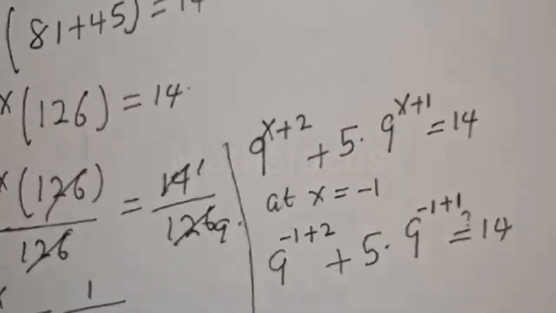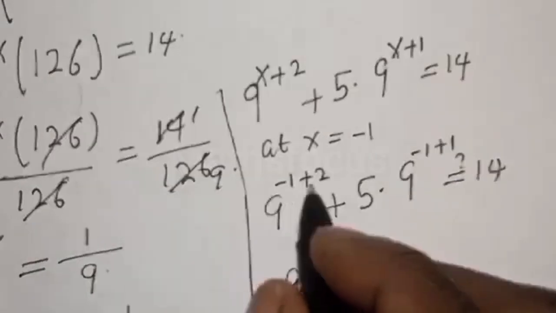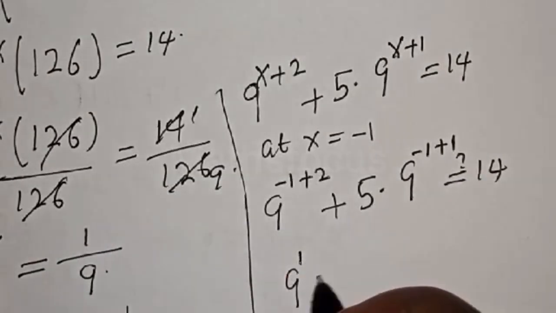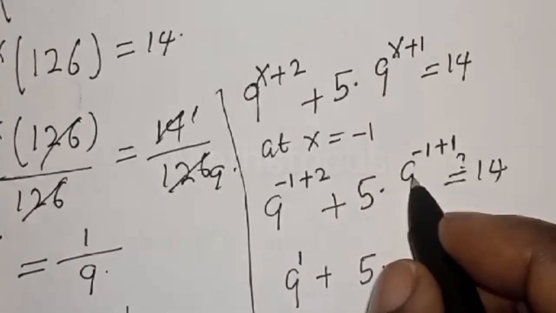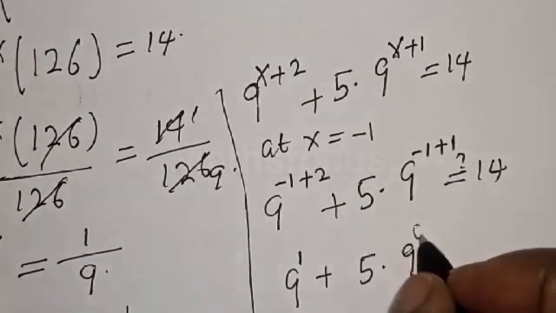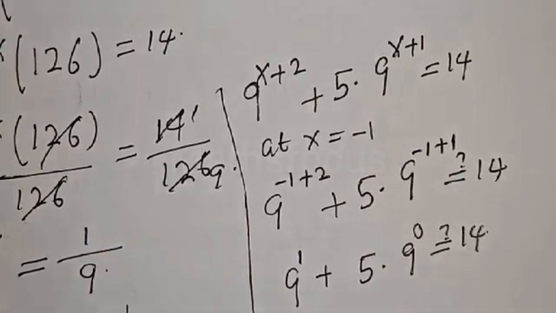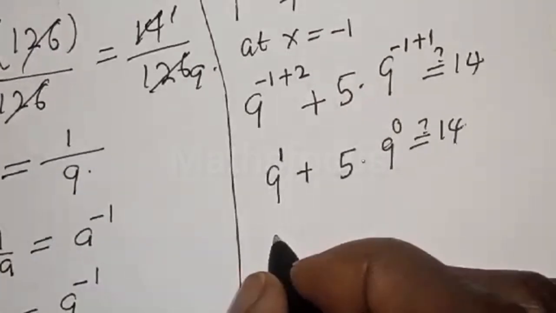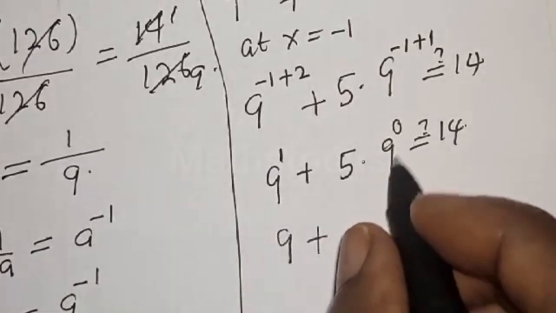Let's see. Now 9 raised to power minus 1 plus 2, that is 1, plus 5 multiplied by 9 raised to power minus 1 plus 1, that is 0. Let's see if it's going to equal 14. 9 raised to power 1 is 9 plus 5 multiplied by 9 raised to power 0 is 1.